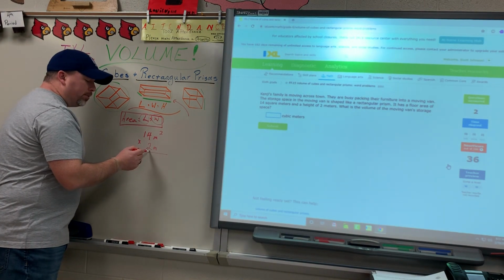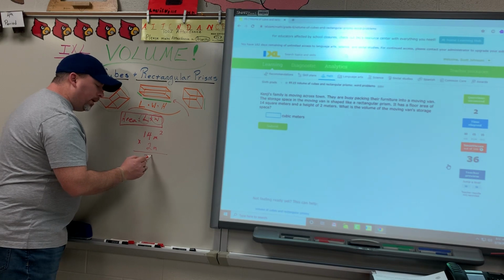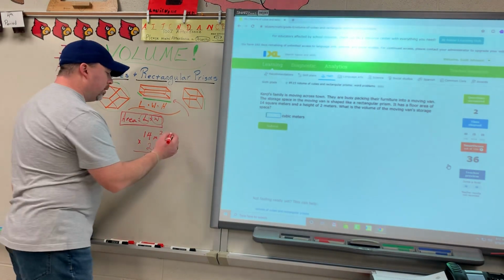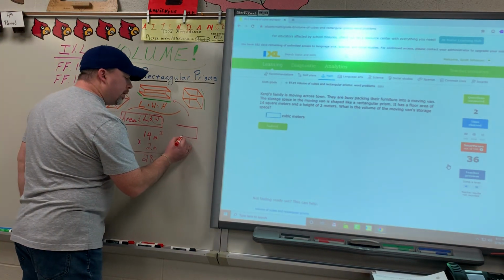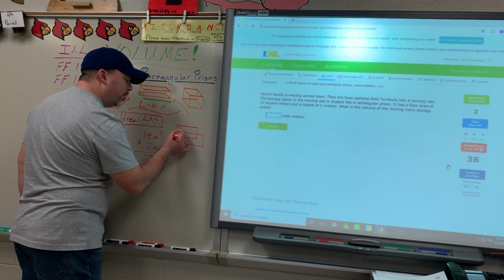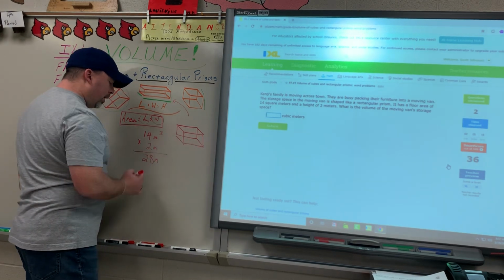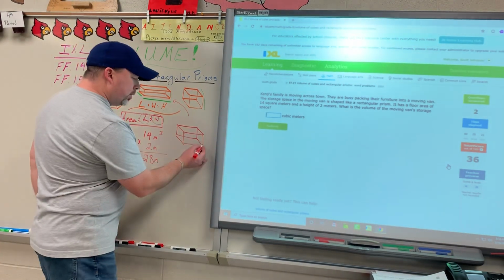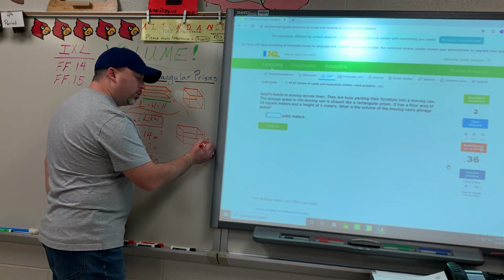So 14 times 2 would be 28 meters. Now look, let's draw that real quick. Here's a rectangular prism. And this says that it has a height of 2 meters. So from top to bottom, 2 meters.